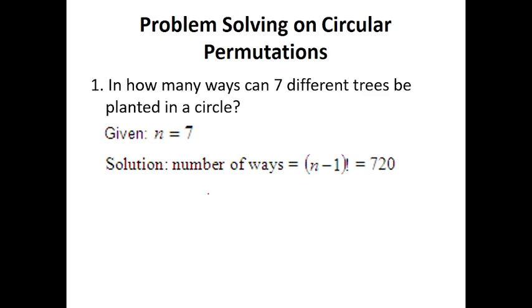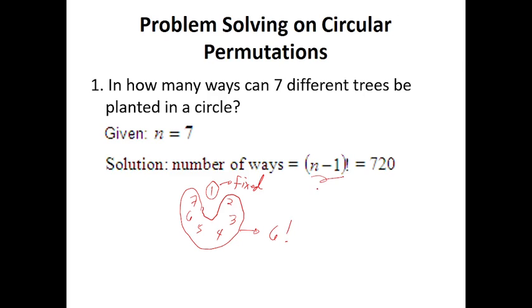Okay? So, kung number 1, 2, 3, 4, 5, 6, 7. Ito yan. Nasa circle. I-fix natin si 1. Okay? This is fixed. Tapos, this will be 2, 3, 4, 5, 6, 7. So, mag-arrange yan ng 6 factorial.